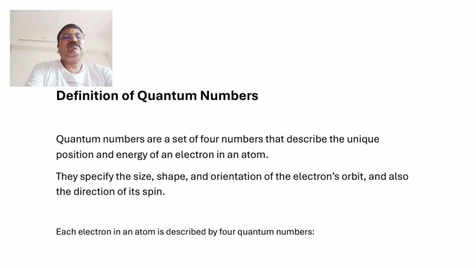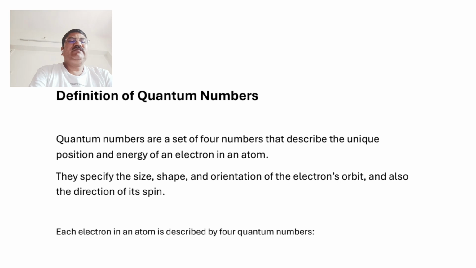Quantum numbers also specify the size, shape and orientation of electrons in the orbit. So first, it explains the position and energy. Second, it explains the size of the orbital.